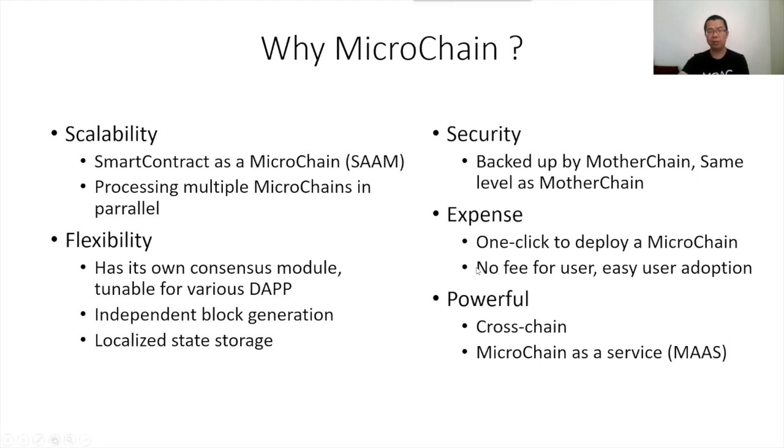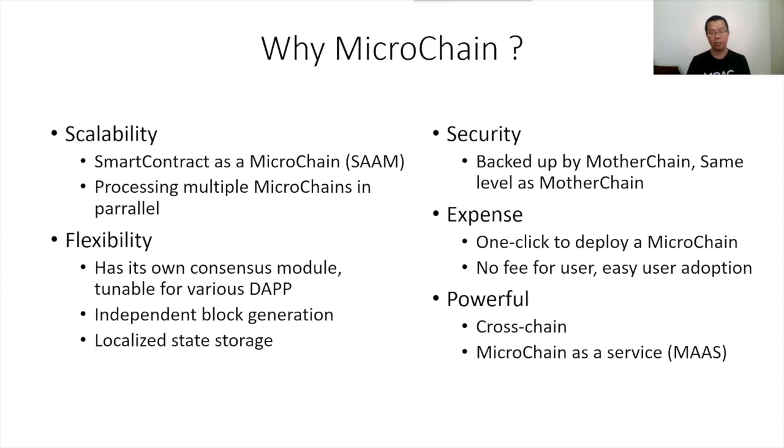Another great feature of microchain is that your DAPP users don't need to pay any fee to your application. So it's different from Ethereum. If you deploy an Ethereum smart contract, when a user wants to call a smart contract function, they need to pay gas, which is very expensive. Well, expensive is one side.